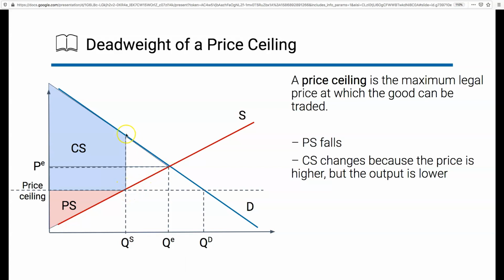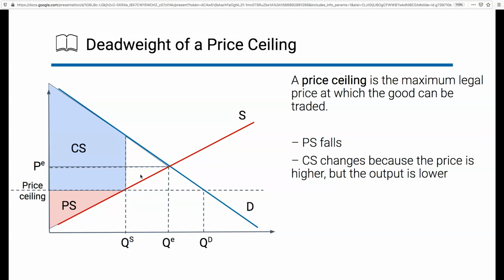And so because these trades do not happen any longer, the value that producers and consumers would have gained through those trades is wasted. And so we call the value wasted the deadweight loss in this example.